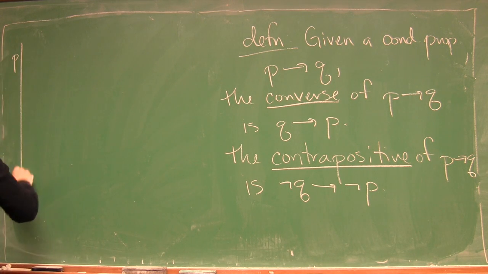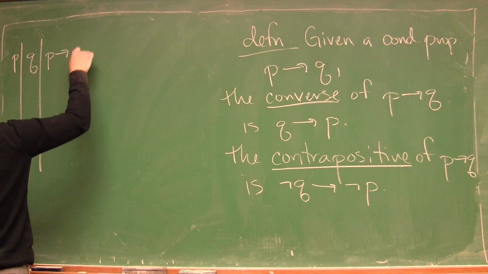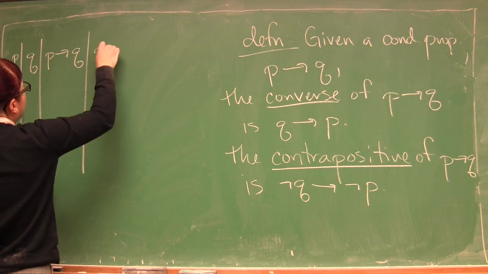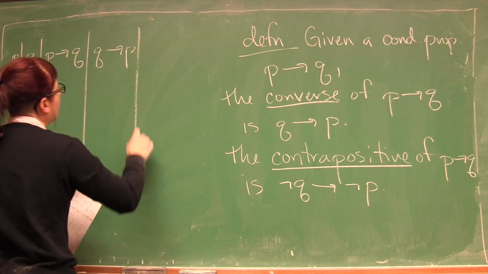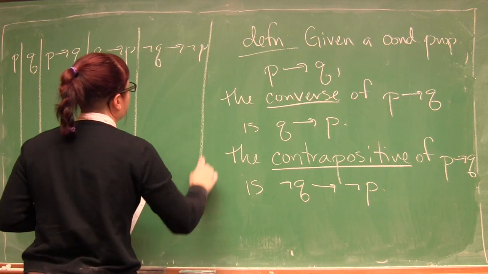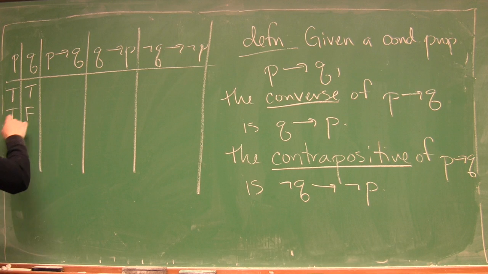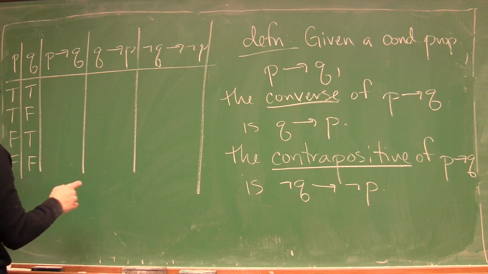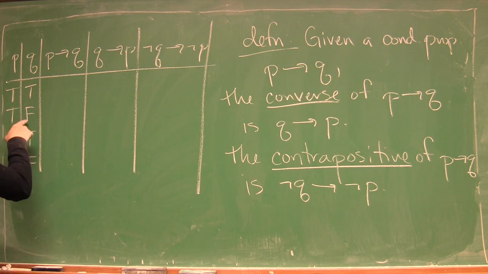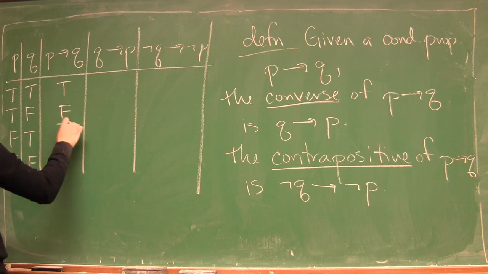So let's look at P, Q, P implies Q, Q implies P, and not Q implies not P. So we know that P implies Q is only false if P is true and Q is false. All the other times it's true.